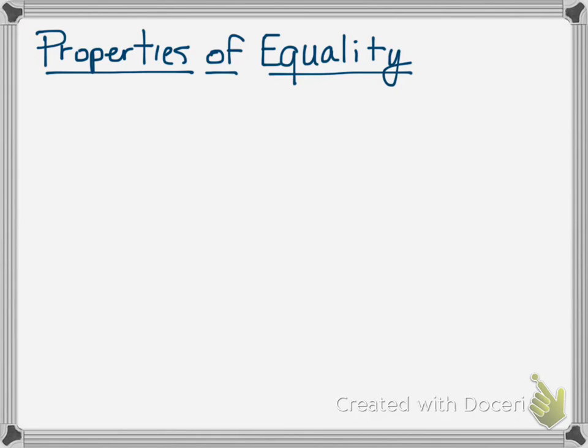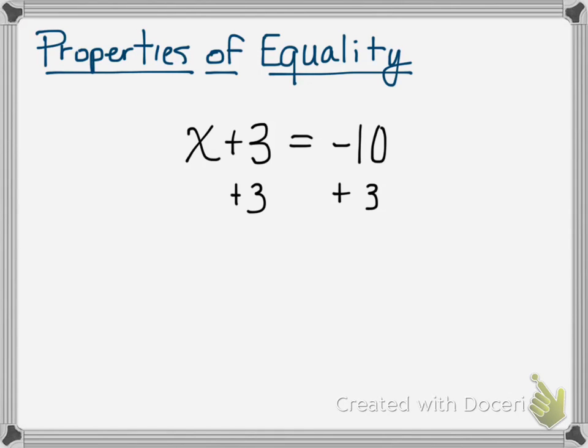So remember, properties of equality are this type of thing. Like if I have x plus 3 is equal to -10, I know that I can add 3 to both sides of that equation, but I don't want to add, do I? Sorry. I would like to subtract 3.